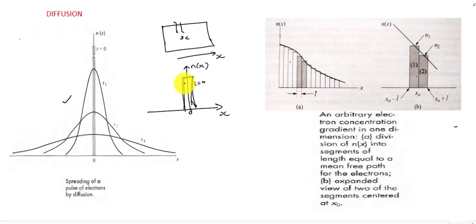A carrier will collide with another particle and move, so this spreading occurs due to collision or scattering between particles. We can observe this change at time t equal to t1. If you observe the concentration of electrons at t equal to t1, it will spread uniformly to either side.